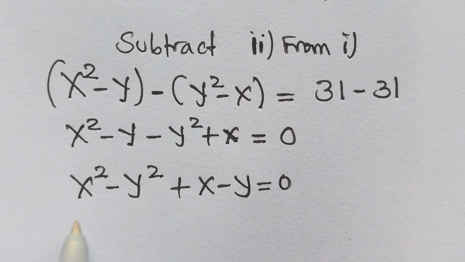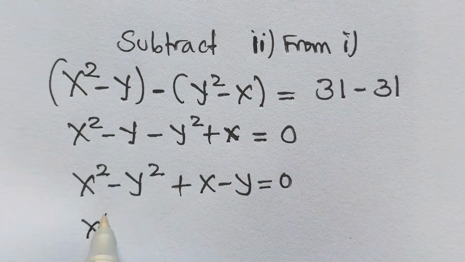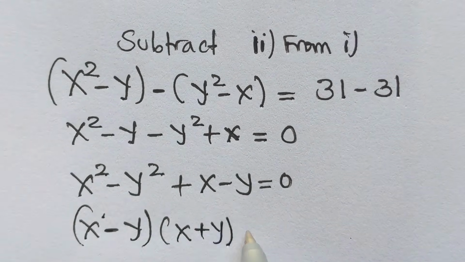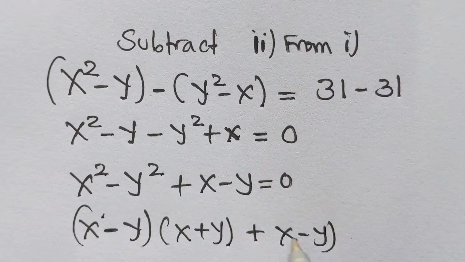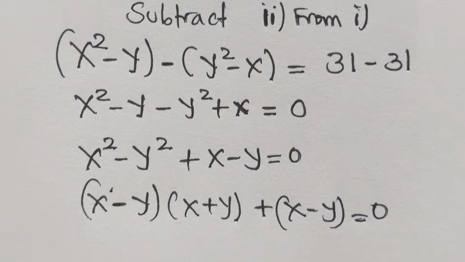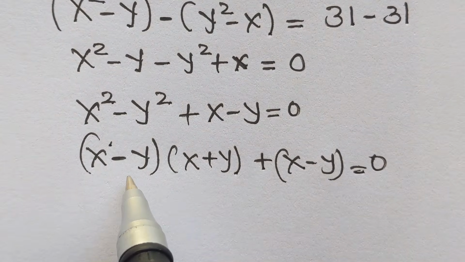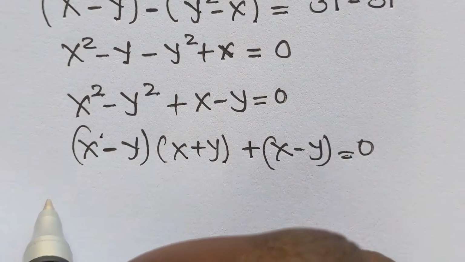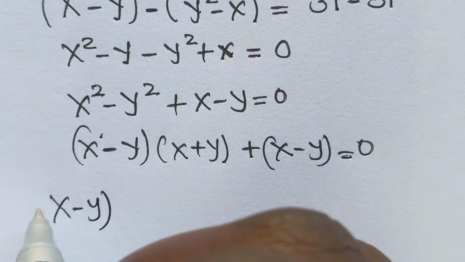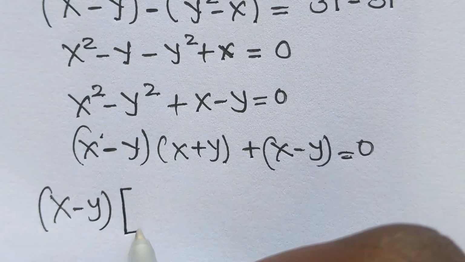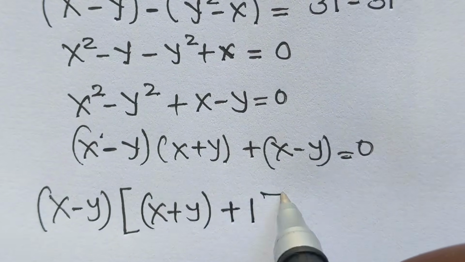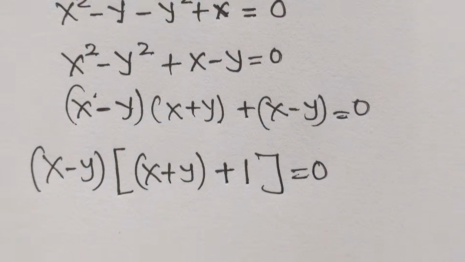This is the difference of squares, where you can separate them to get (x minus y)(x plus y) plus (x minus y) equals 0. Because x minus y is common, we can factorize it: (x minus y)(x plus y plus 1) equals 0.